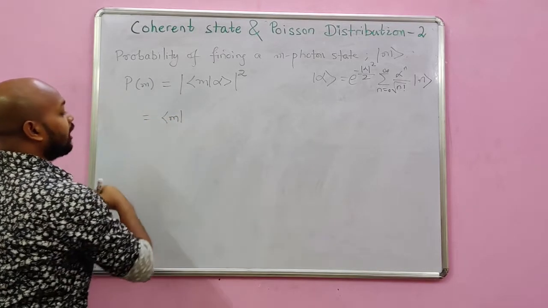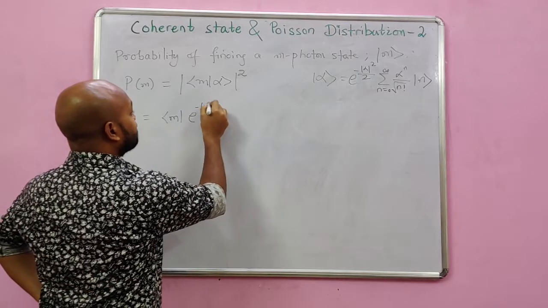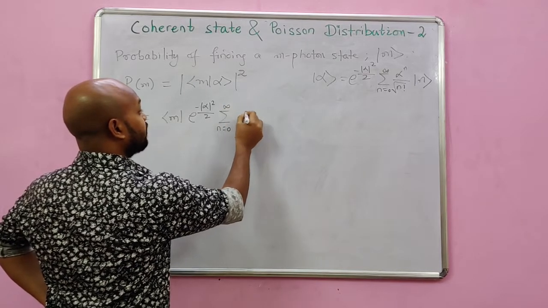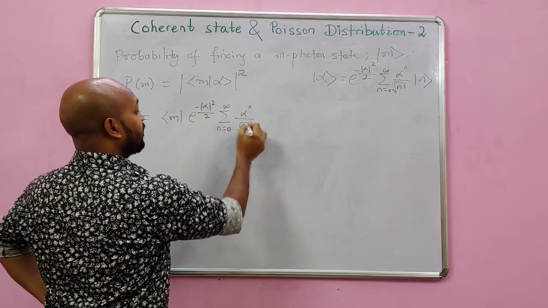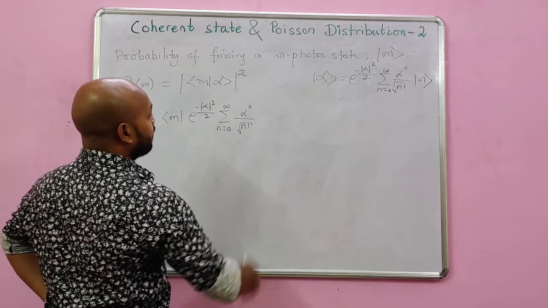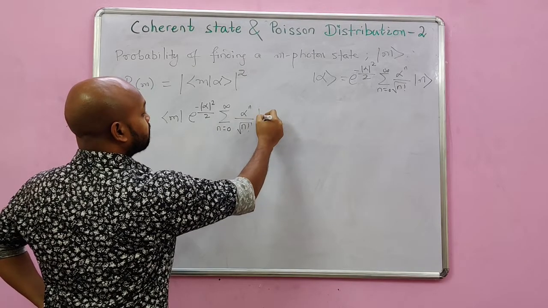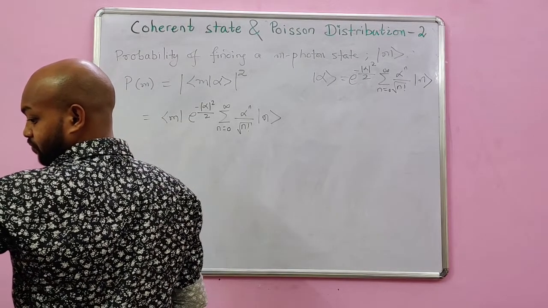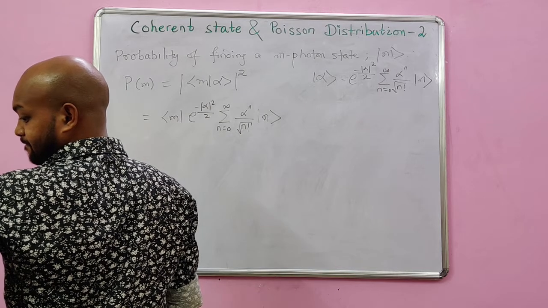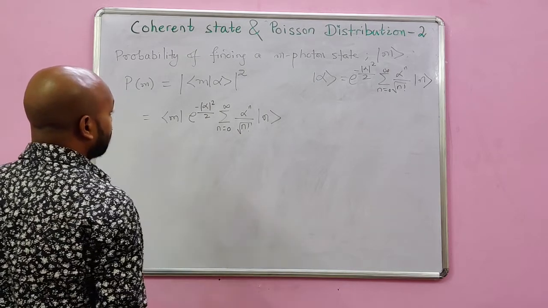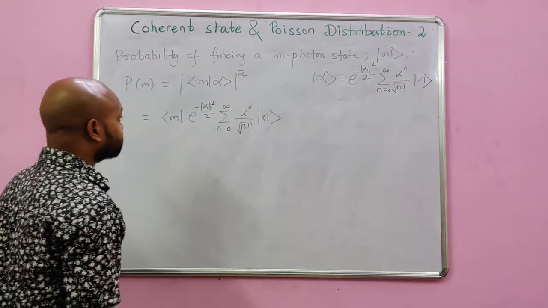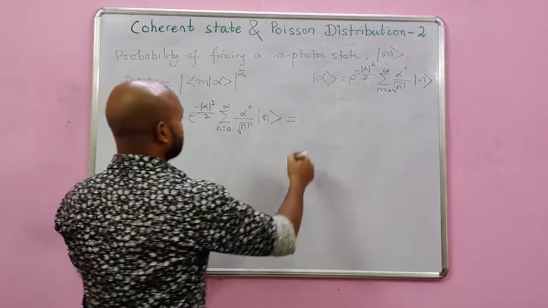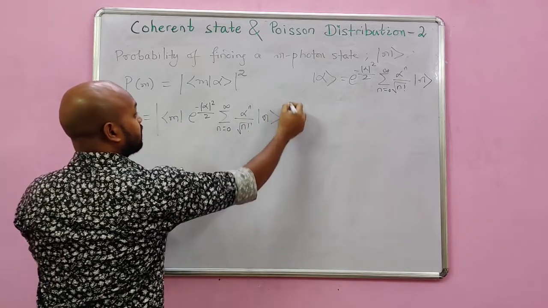I have to compute the bra m operated on e power minus alpha mod square by 2, summation n equals 0 to infinity, alpha power n by root n factorial, ket n, and then the mod square of this whole thing.